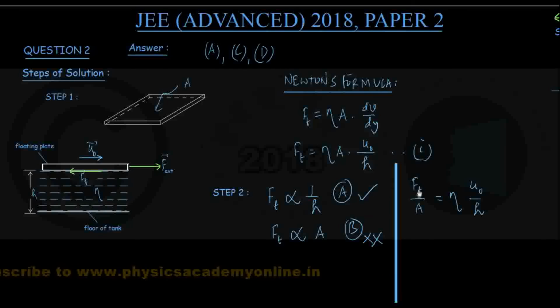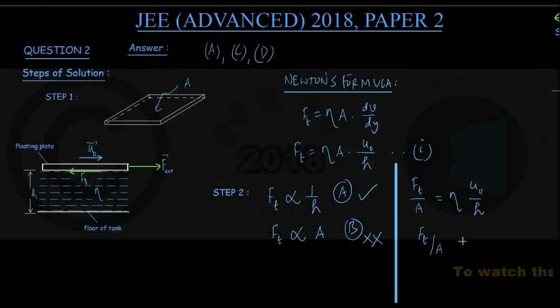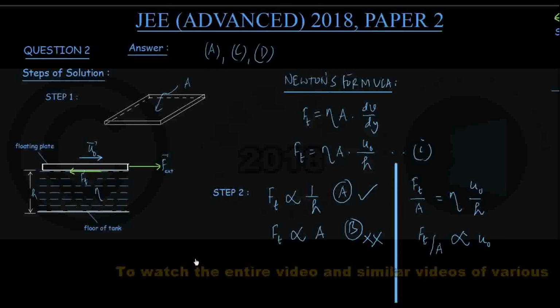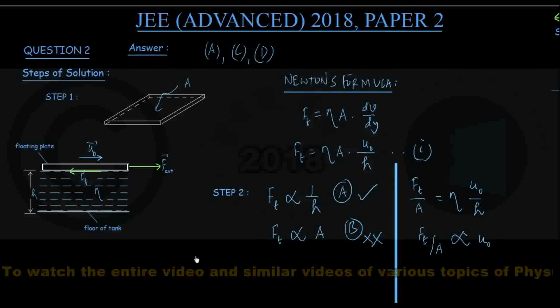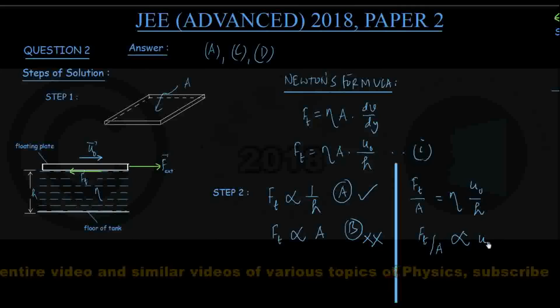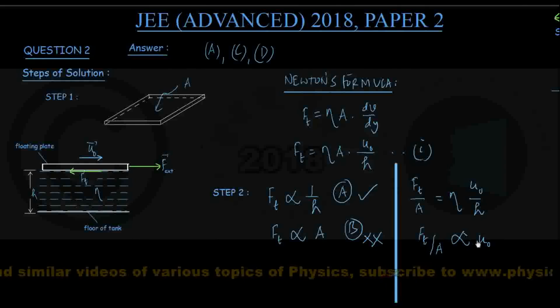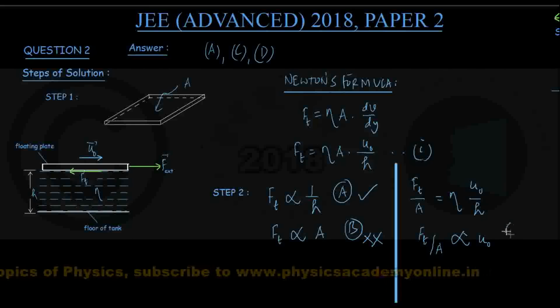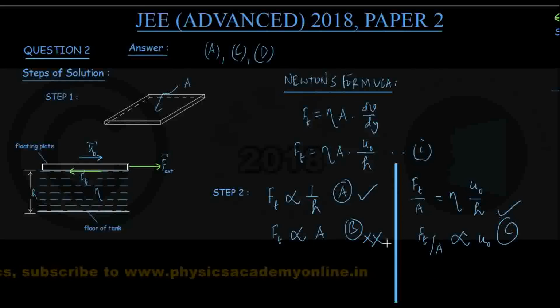This Ft by A, that is the tangential force per unit area, that is nothing but tangential stress or shear stress, and it is showing that this shear stress Ft upon A is proportional to u0. And option C, the shear stress on the floor of the tank increases with u0. That's again correct. You can see here shear stress varying directly as u0, the speed of the plate. So option C, that is correct.